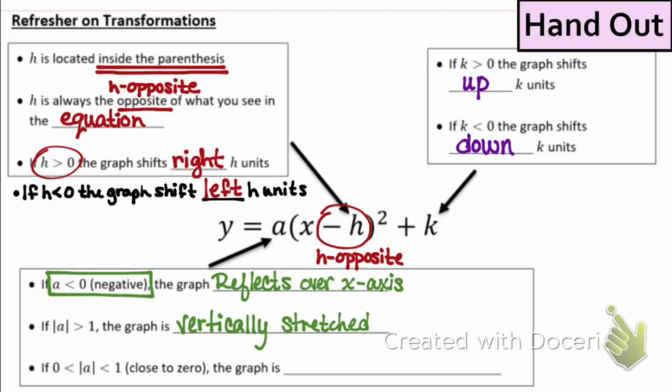If the distance away from 0, the absolute value of a, is in between 0 and 1, so you didn't go very far away from 0, you're right close to it, the graph is vertically compressed.